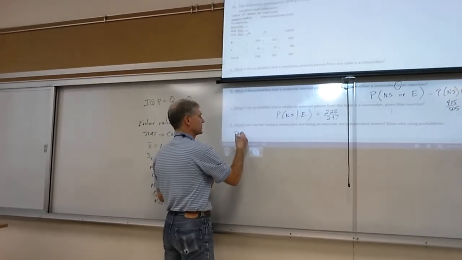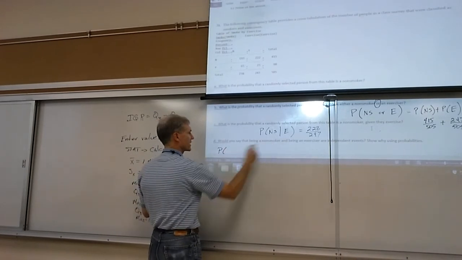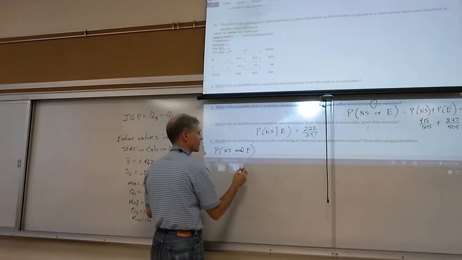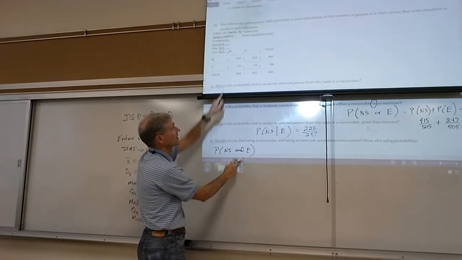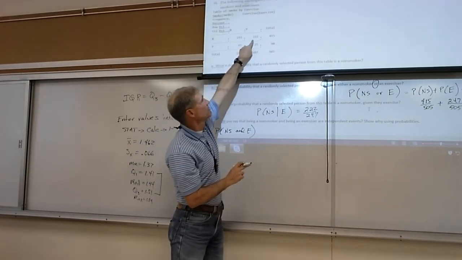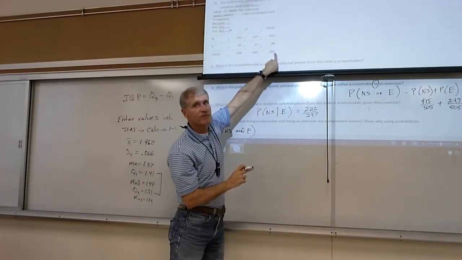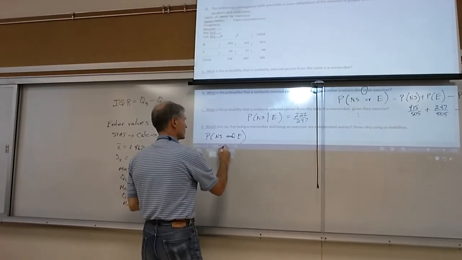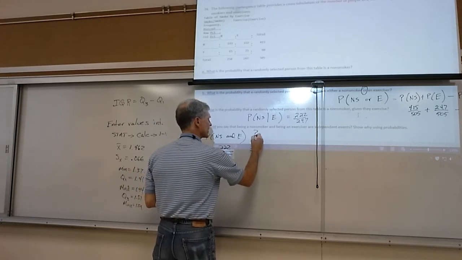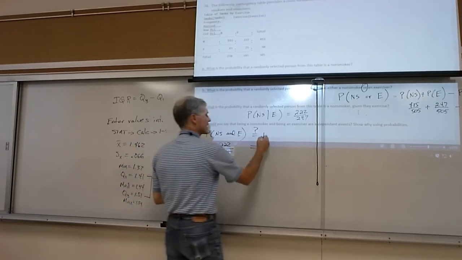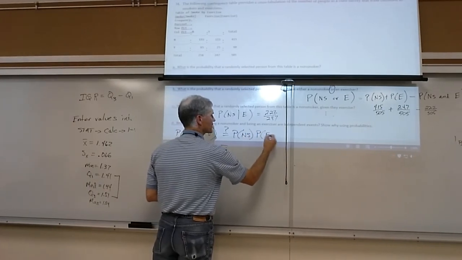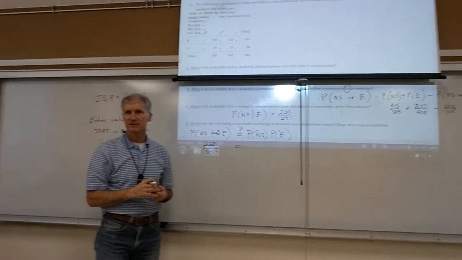So that's probability of non-smoker and exerciser. So do it once by looking at the table and figuring it out. To be both, we're 222 out of 505, right? So this is 222 out of 505. Now on the other side of the equals, and I'm putting a question mark above it, is that equal to probability of not smoking times the probability of exercising?